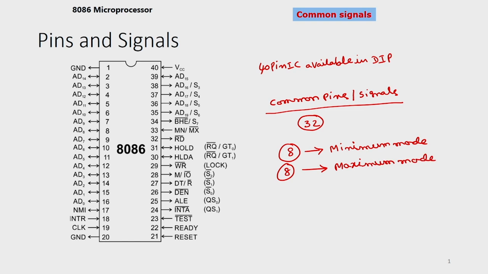As I discussed yesterday, minimum mode is a single user configuration, whereas maximum mode is multi user. So, first I will discuss the common pins.